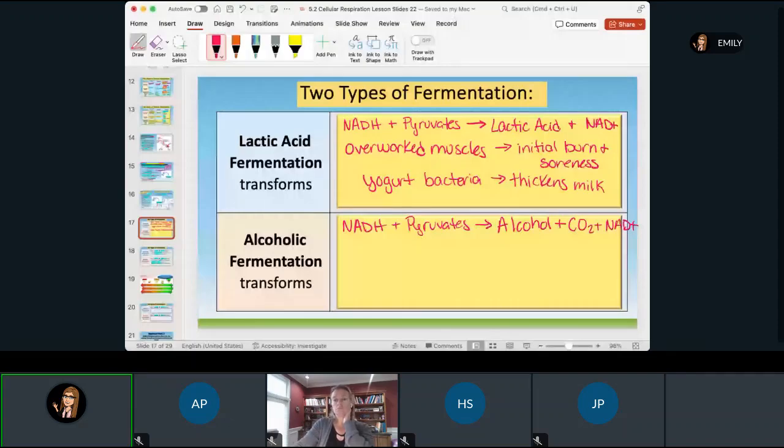Now, alcoholic fermentation, and then we're pretty much done after this. How many of you have ever baked bread or watched somebody bake bread from scratch? Okay, good. Well, alcoholic fermentation is what occurs in single-celled yeast. Okay?